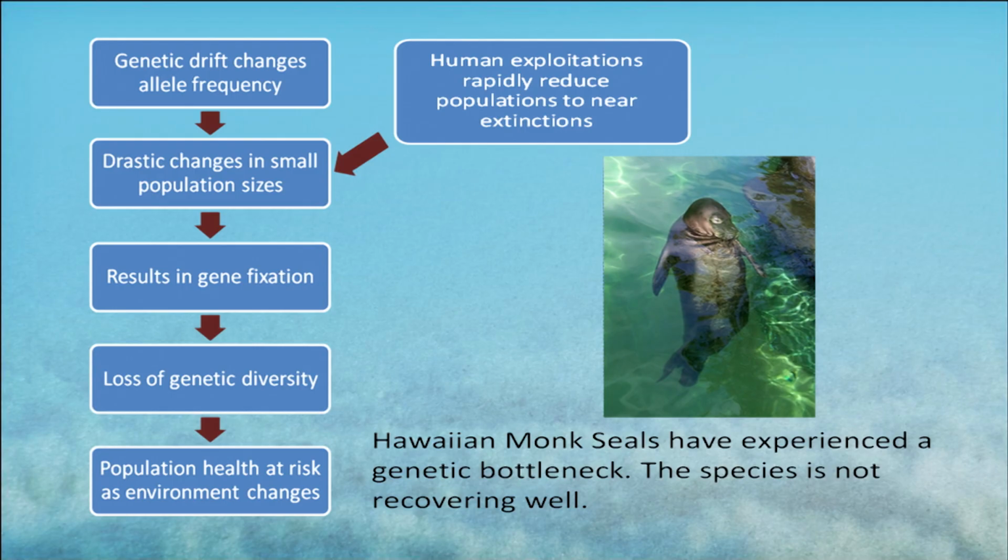The Hawaiian monk seal has also gone through a severe genetic bottleneck. In fact, it's probably more severe than even the northern elephant seals are, and they are having a lot of difficulty recovering. In fact, their numbers are currently around 1,000 to 1,200 individuals, and their reproductive success is not as high as we'd like. So could it be that this genetic bottleneck has been a negative influence on their recovery?